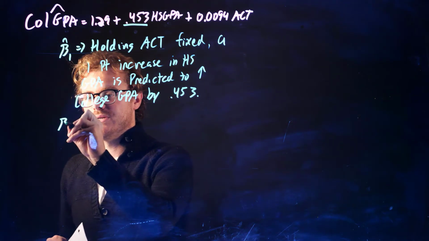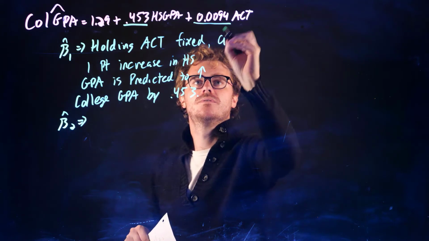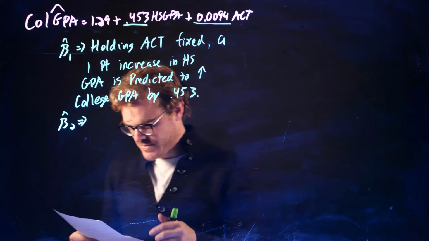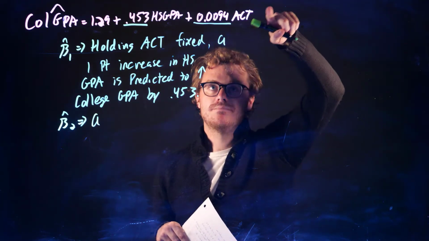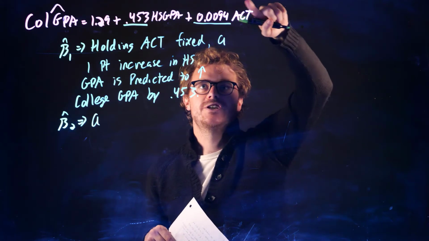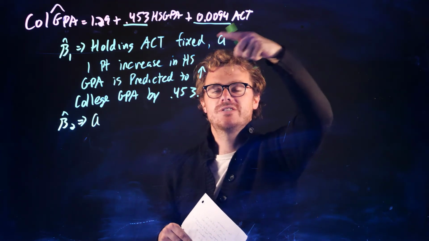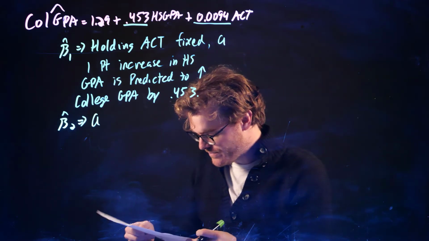Now we can do beta hat 2, the coefficient on ACT. I'm going to multiply it by 10, so instead of a 1-point change in ACT, I can do a 10-point change, just to make the number a bit bigger, but you can interpret a 1-point change as well.